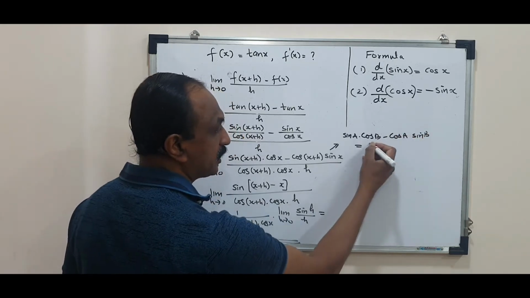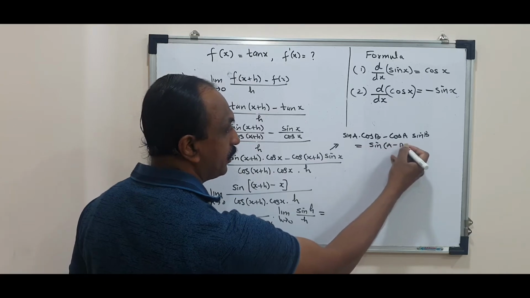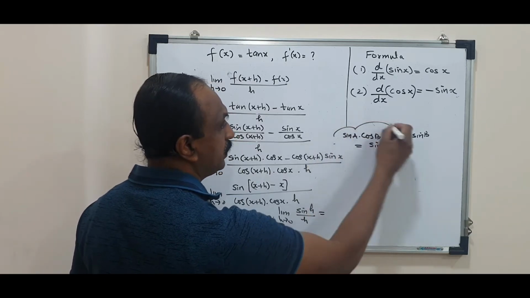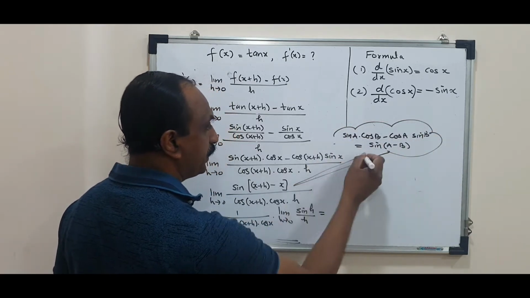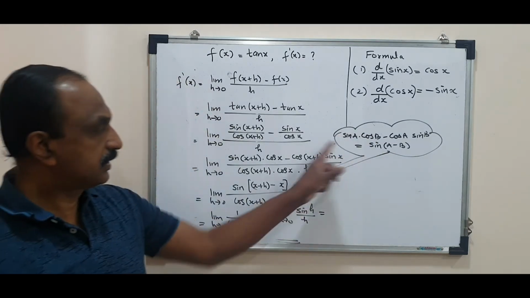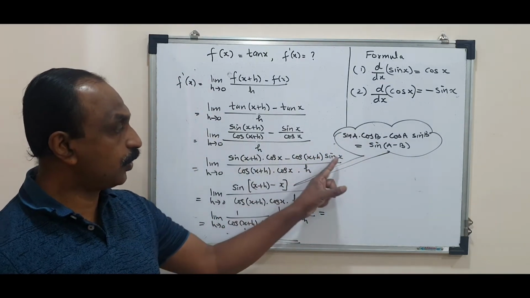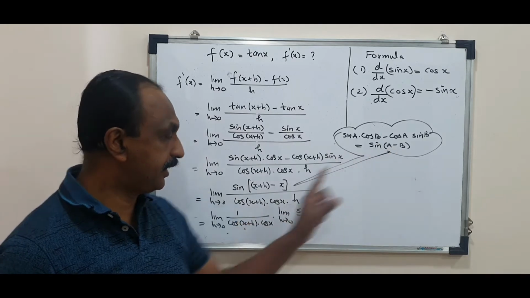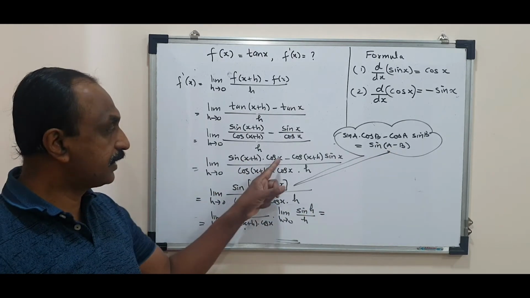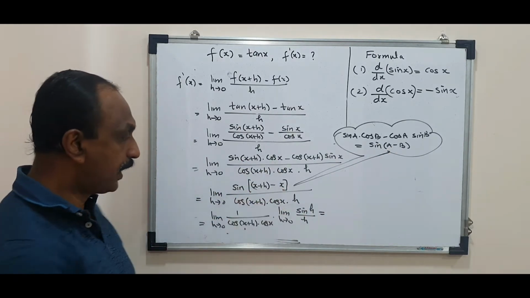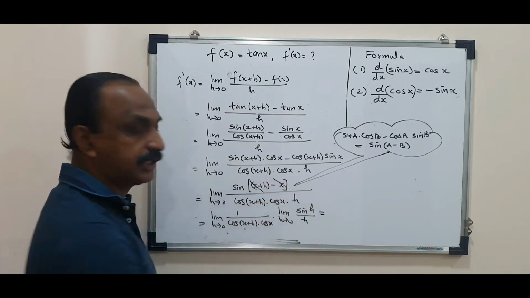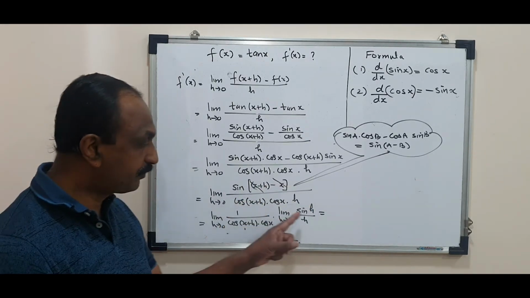You know that this is the formula for sin of a minus b, so we have applied this formula here. A means the first angle, b means the second angle. So this x and this x get cancelled, and we are left with sin h.